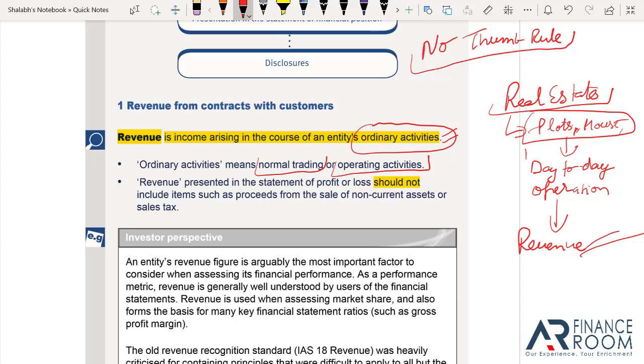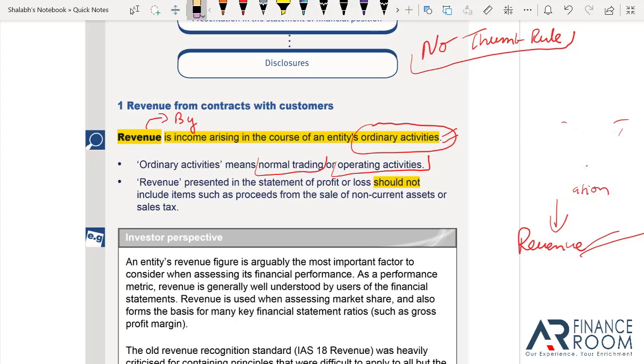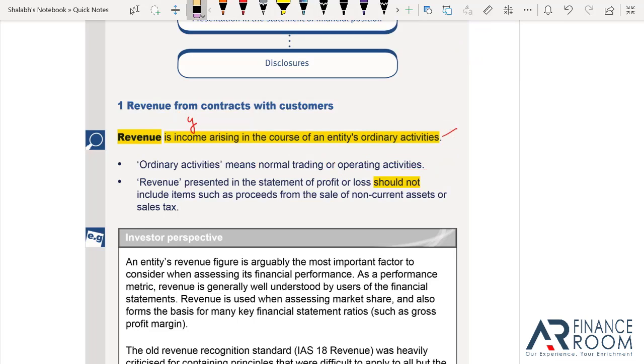You earn revenue by selling your inventory. Okay, write this. How do you earn revenue? Write this point. Write it down on a sticky note, as I have told you quite a few times to start using sticky notes.